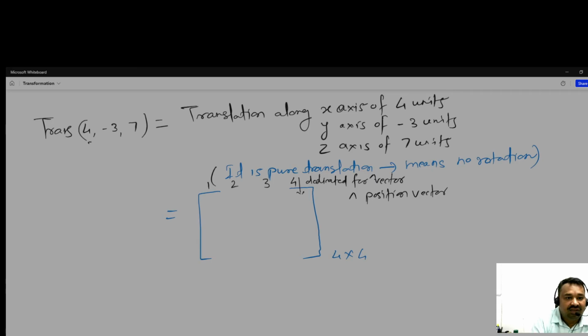So the position vector is 4, minus 3, 7, then 1.